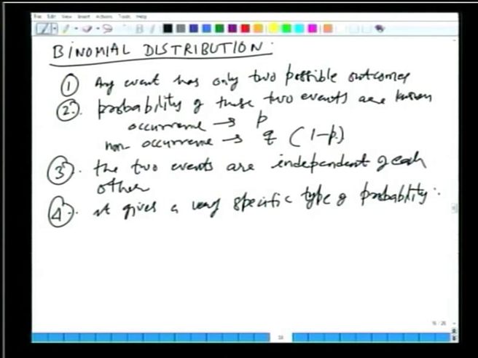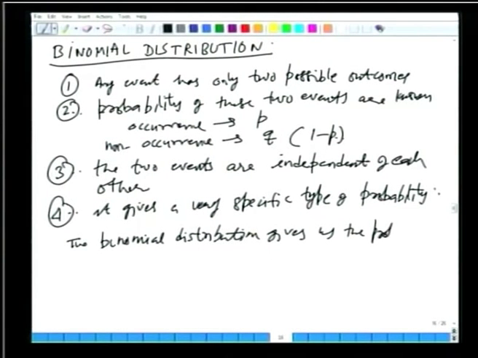So, let me say then, the binomial distribution gives us the probability of occurrence of what kind of event? Of an event.